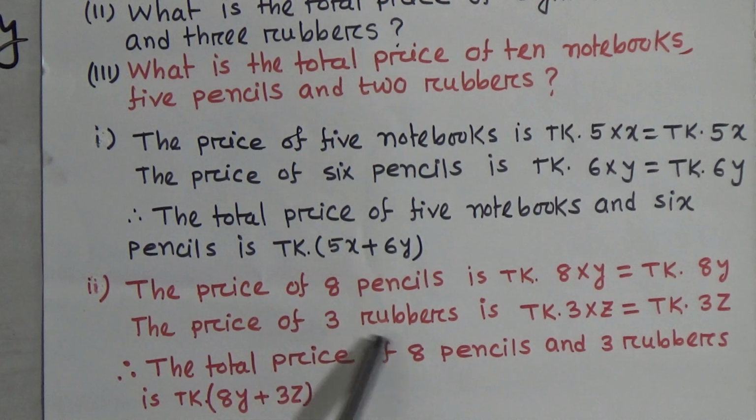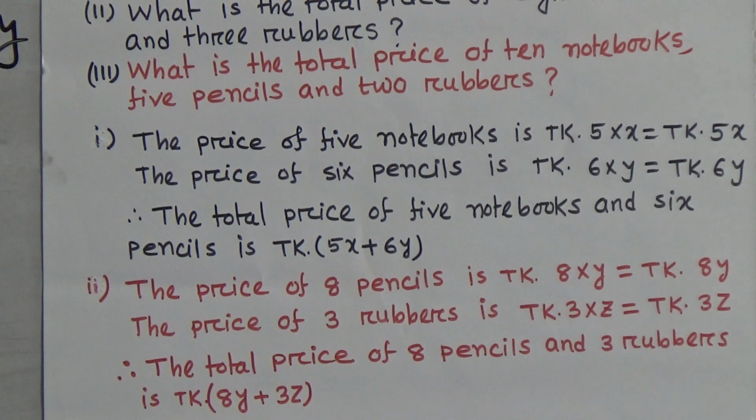The price of 3 rubbers is taka what? 3 into Z. That means 3Z. Now, according to the question, the total price of 8 pencils and 3 rubbers is taka 8Y plus 3Z. 8Y plus 3Z. This is the total price of 8 pencils and 3 rubbers.